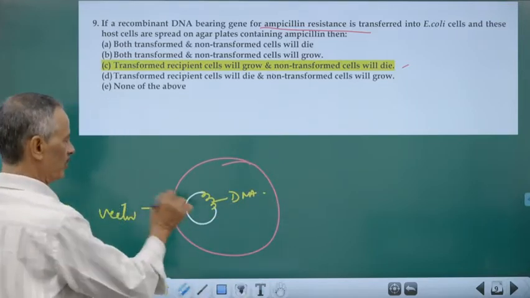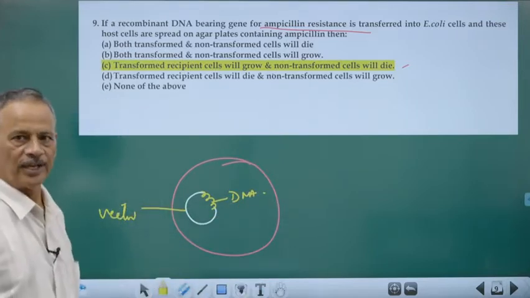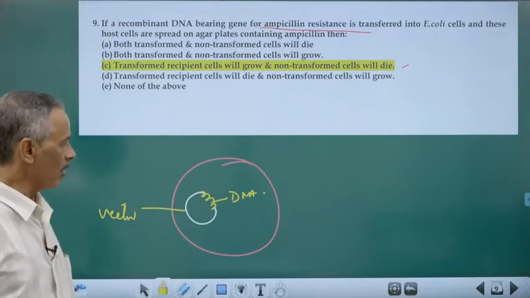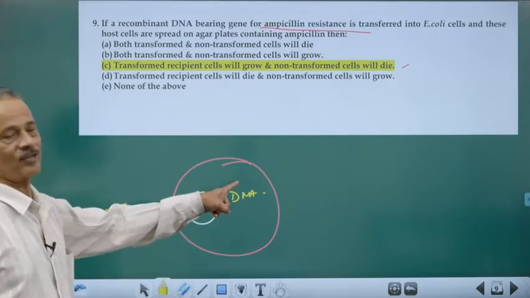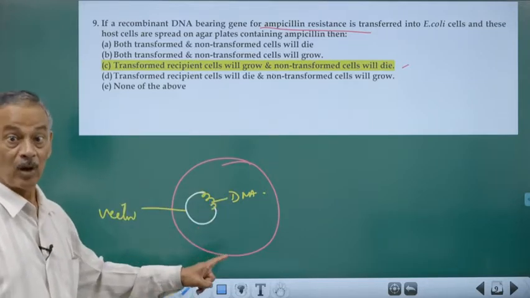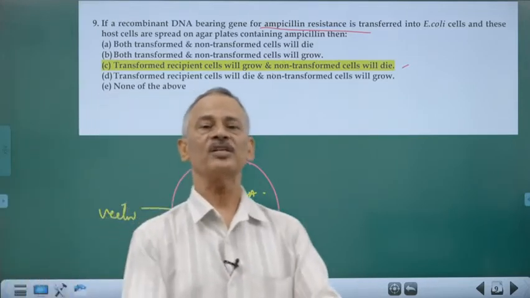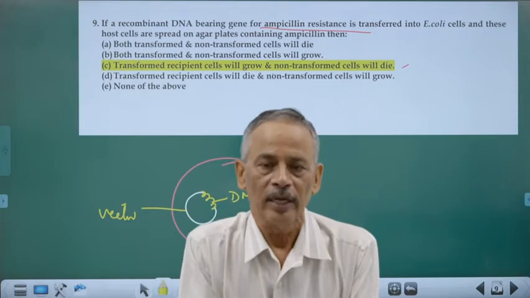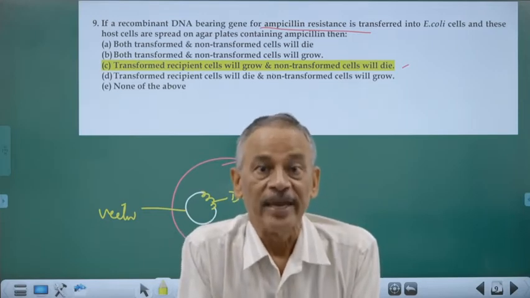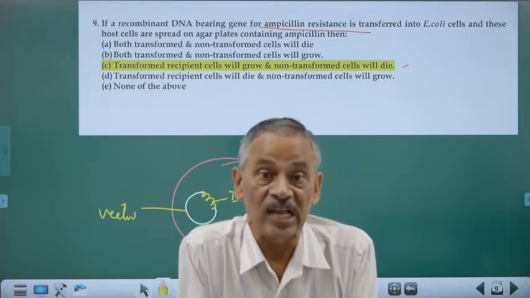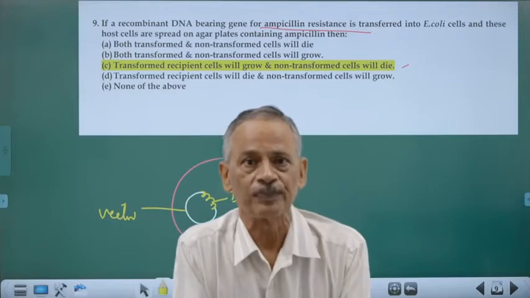This has received the recombinant DNA from outside. Now it is called a recombinant transformant. Why it is a transformant? Because it has taken the DNA from outside without an agent. Transformation is a technique or a process whereby a DNA is entering into a host cell without an agent.